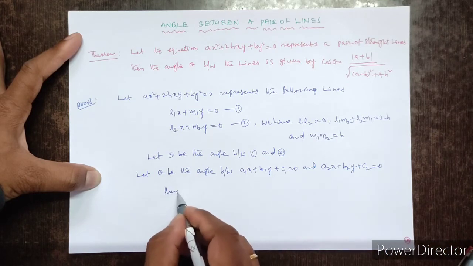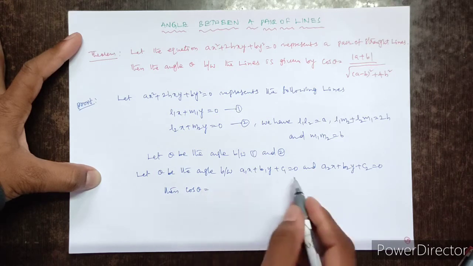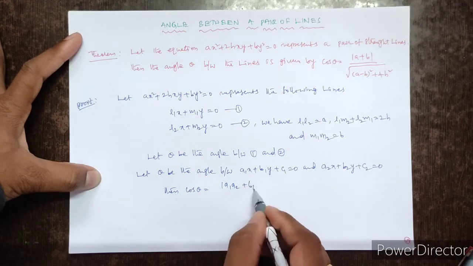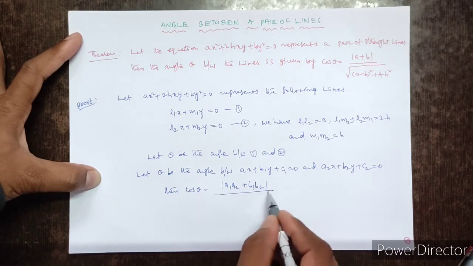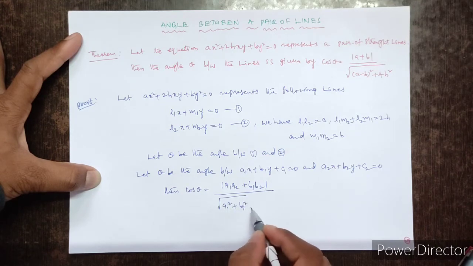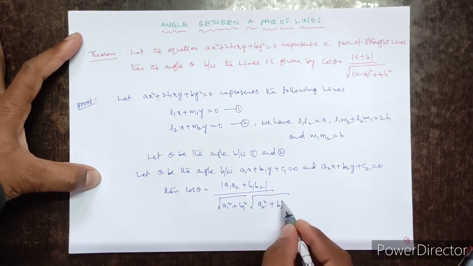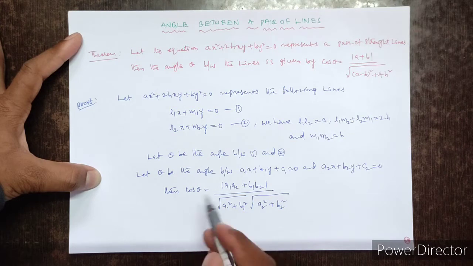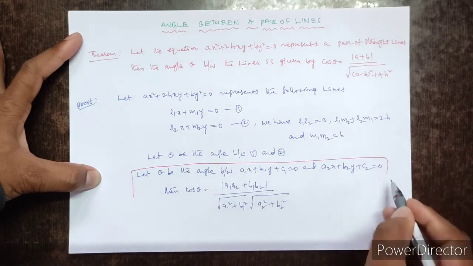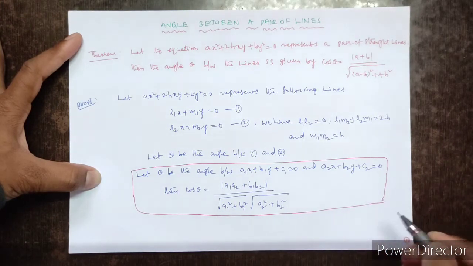Then cos theta between two lines is modulus a1 a2 plus b1 b2 by root of a1 square plus b1 square into root of a2 square plus b2 square. This is the formula we used in the straight line chapter to find the angle between lines.